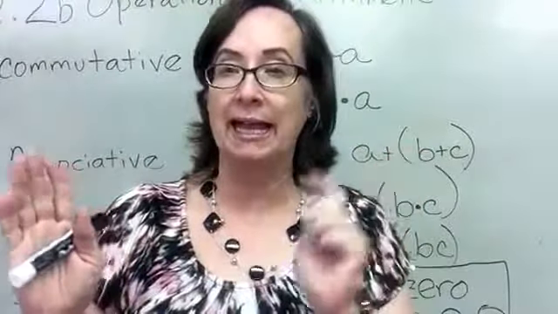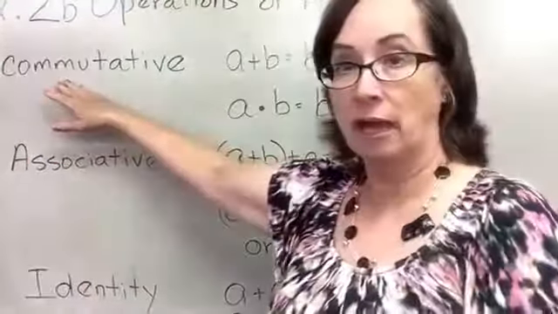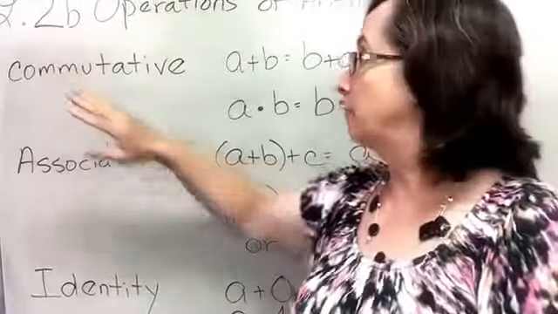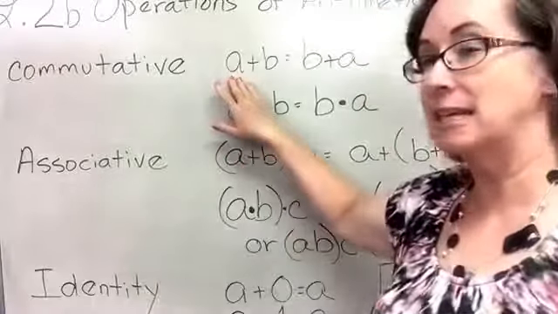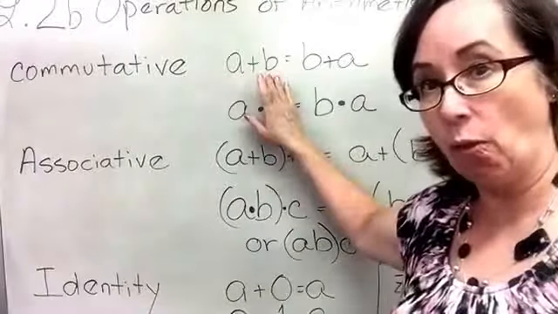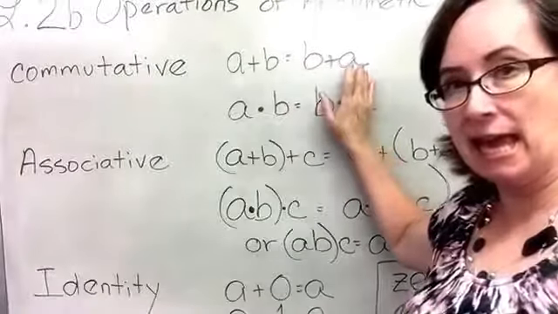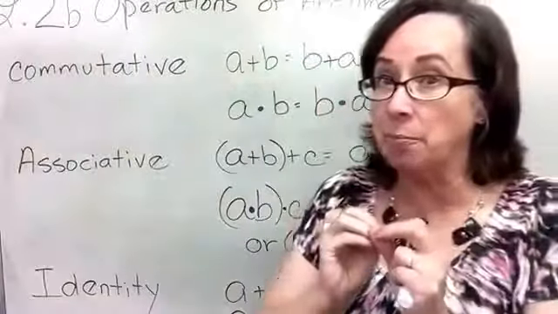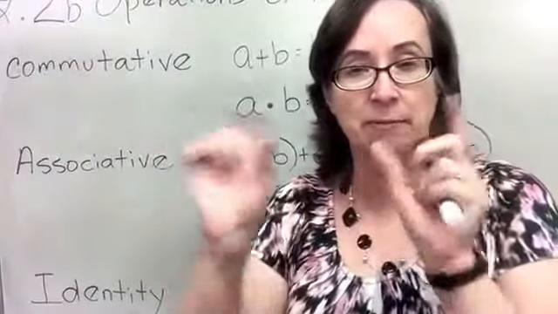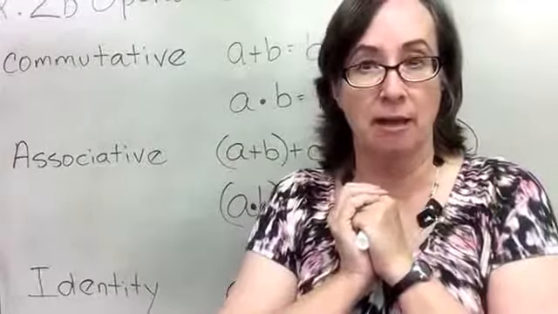And when I am using the commutative property of addition, the property is telling me that it does not matter whether I say A plus B or B plus A. The sum of the two will be the same, and the order does not matter.